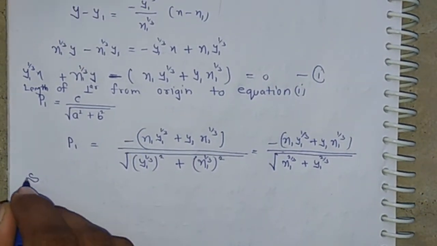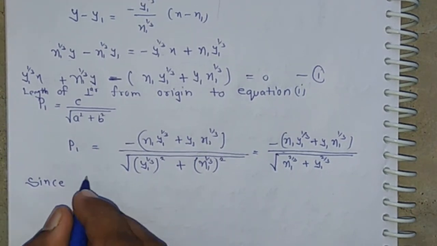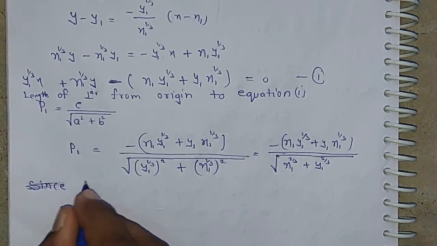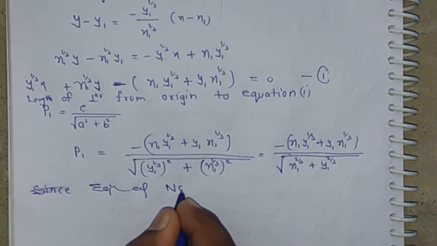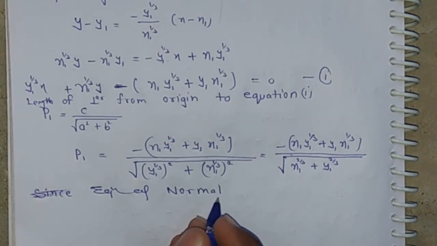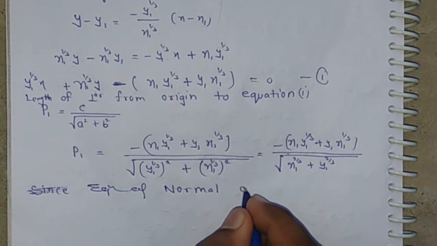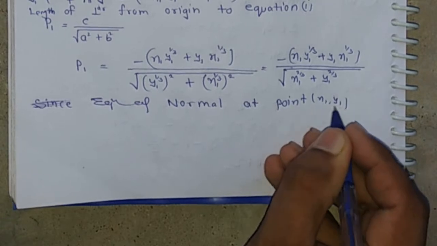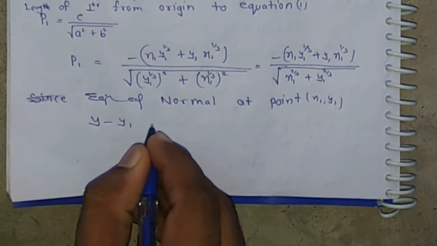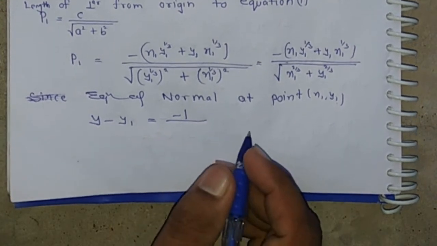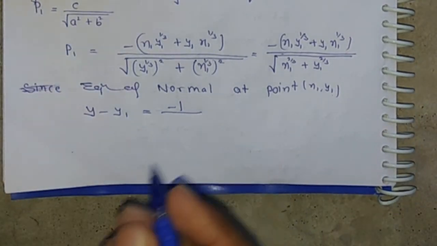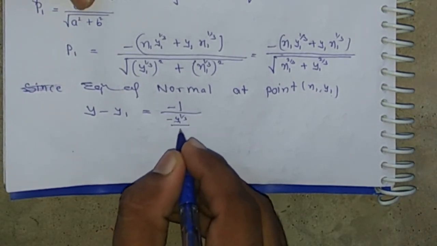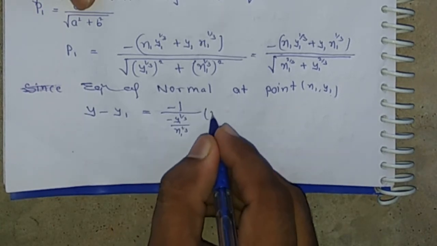Now the equation of normal at point x1 comma y1 is y minus y1 equals minus 1 by the value of dy by dx times x minus x1.